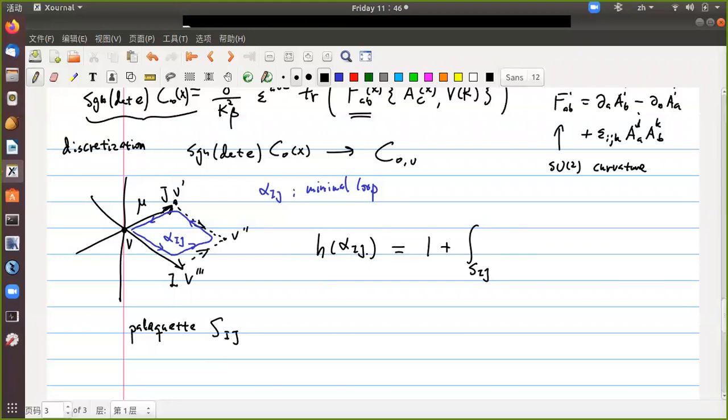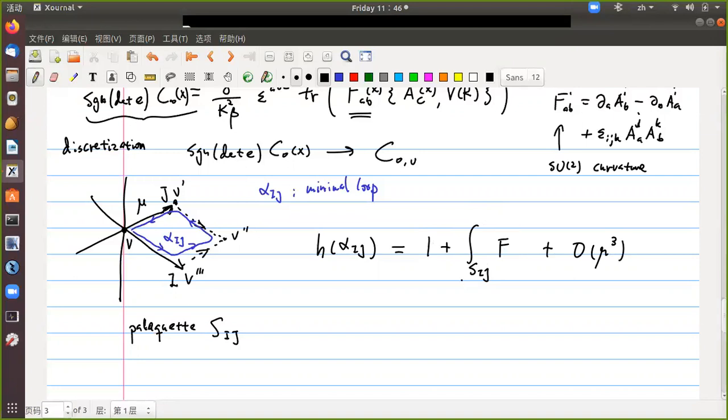If you expand in terms of mu, you will get this kind of expansion. The first leading order is just the 1, because mu goes to 0 and the holonomy is just identity. The next to leading order is just the integration of the curvature on the plaquette plus higher order in mu.